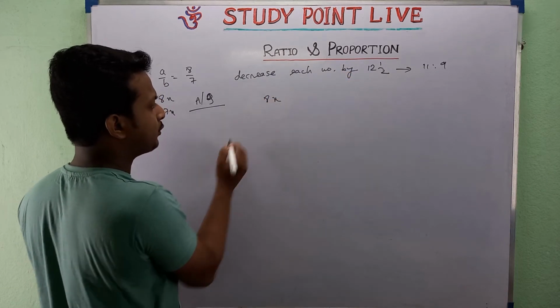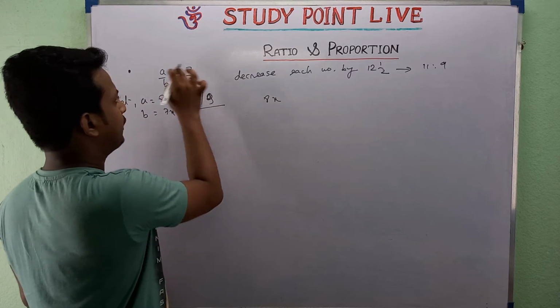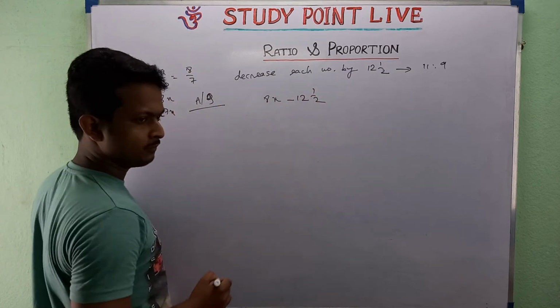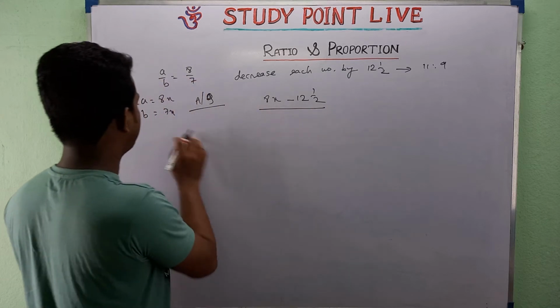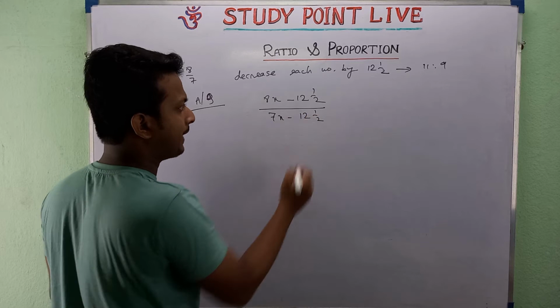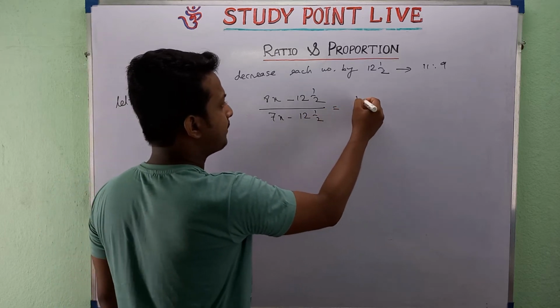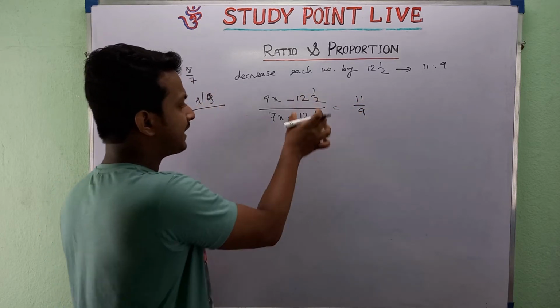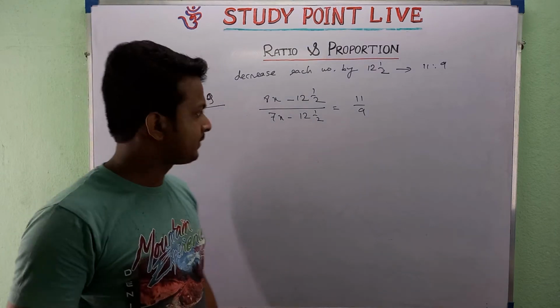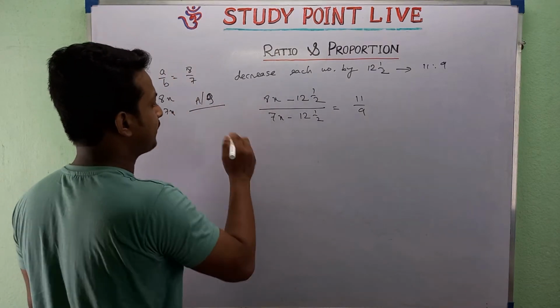Means a was 8x, it will be decreased by 12 whole 1 by 2. For b, it was 7x, it also will decrease by 12 whole 1 by 2, and the ultimate ratio after decreasing each element will become 11:9. Got it? I think it is clear to you. So this is according to the question.